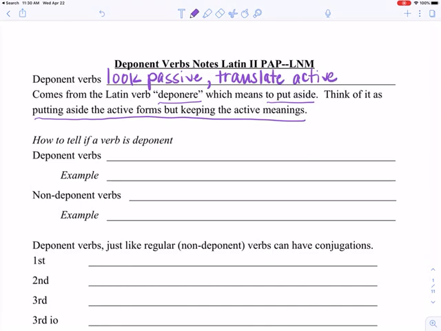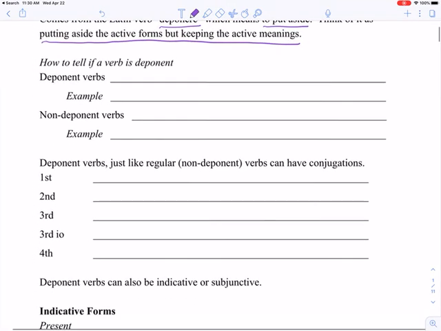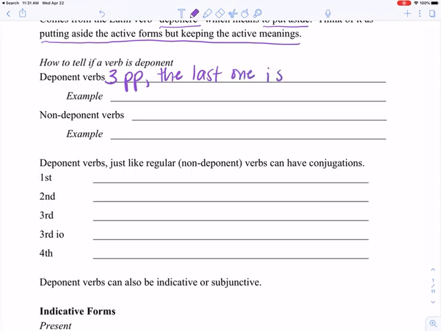Now, there's a real simple and easy way to tell if a verb is deponent. Deponent verbs have three principal parts, and the last one is two words long. For example, I'm going to pick this word arbitror, which means to think.